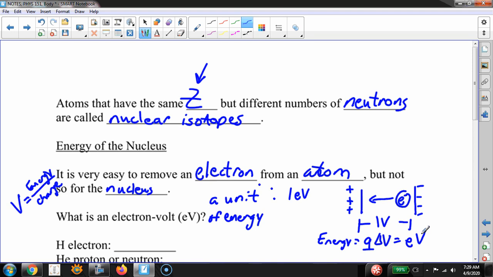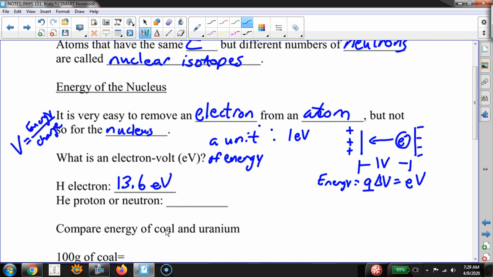A hydrogen electron, for example, requires 13.6 electron volts to remove that electron from the atom. So if I draw a very simple hydrogen atom, it has 1 proton and 1 electron, if it's neutral.